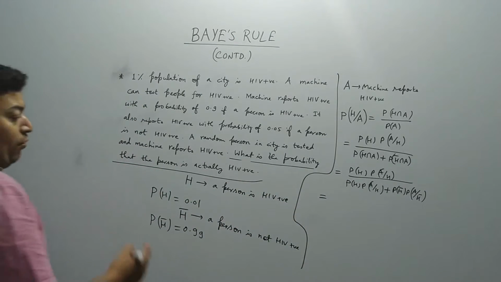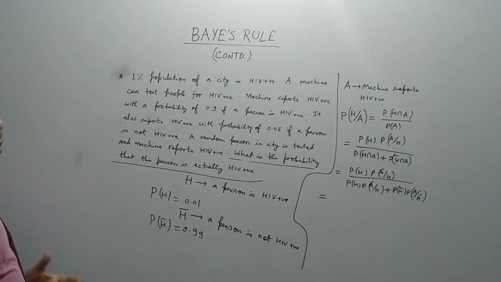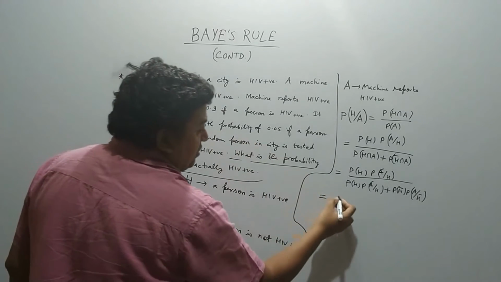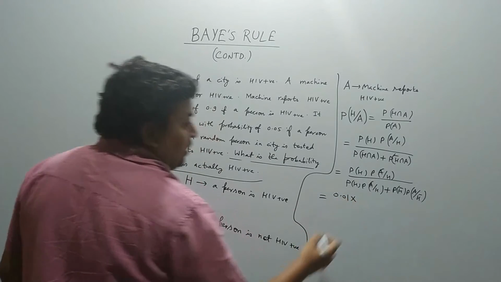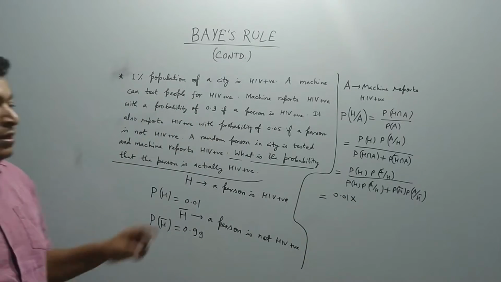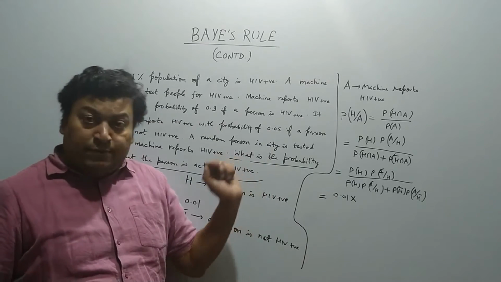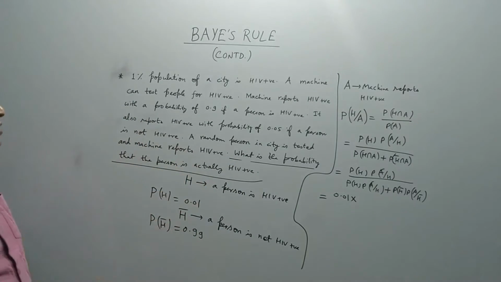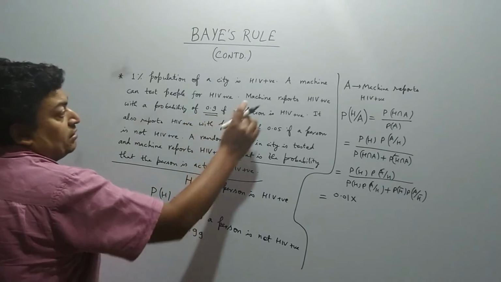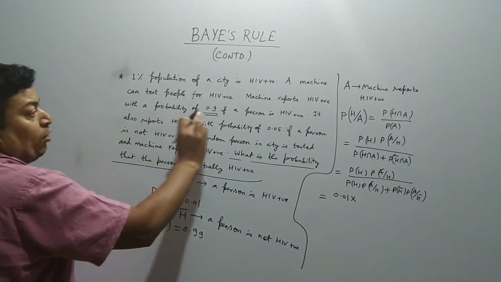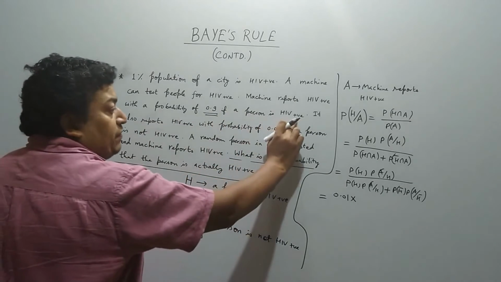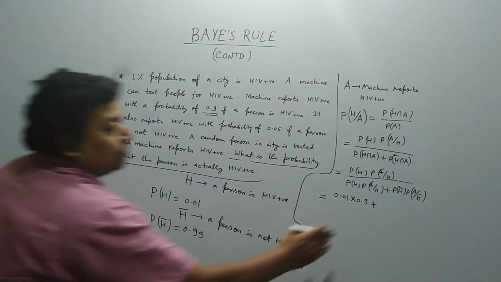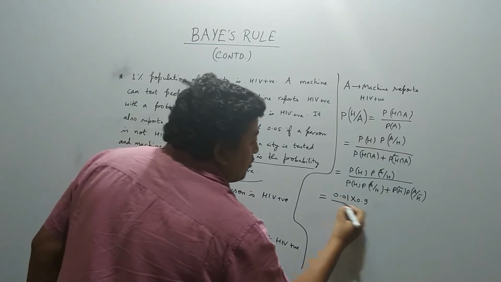P(H) means probability that a randomly selected person is HIV positive, 0.01 because 1%. P of A given H: given that a person is HIV positive, what is the probability that machine reports positive? That is 0.9. Machine reports positive with a probability of 0.9 if a person is HIV positive.